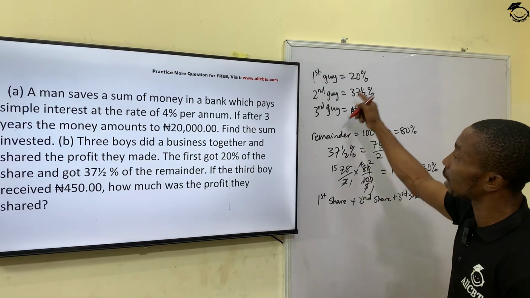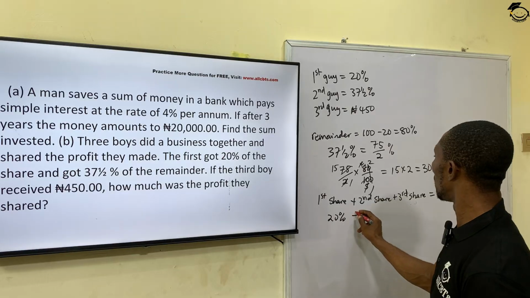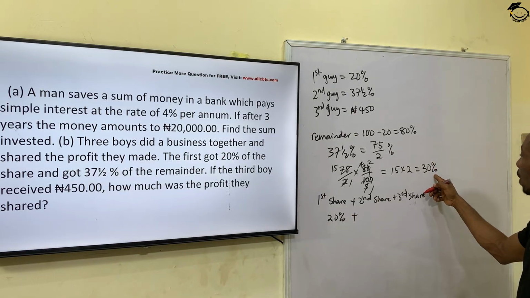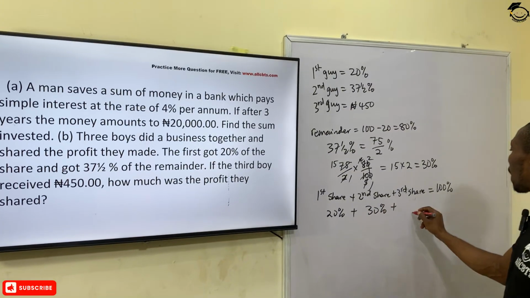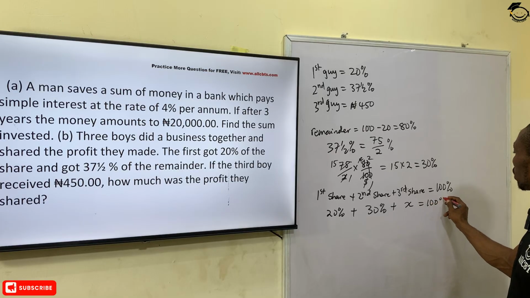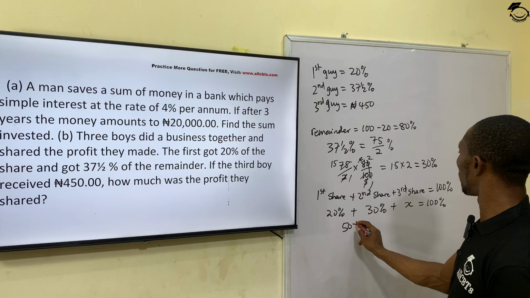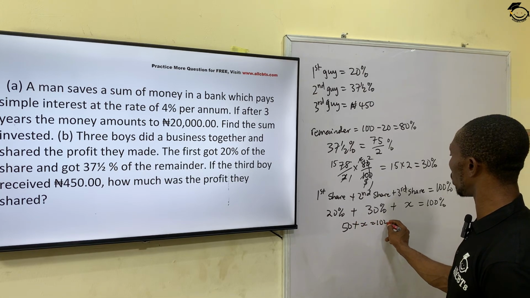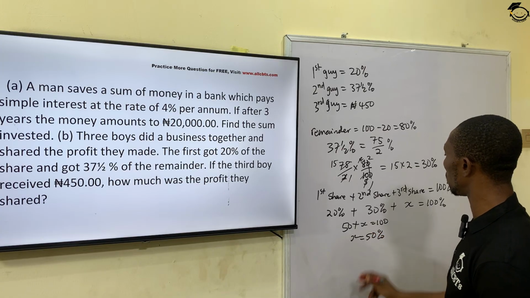From our question, the first guy took 20%, and we've calculated that the second guy took 30%. So the third guy's percentage is x, and 50 plus x equals 100. So x equals 100 minus 50, which is 50%.